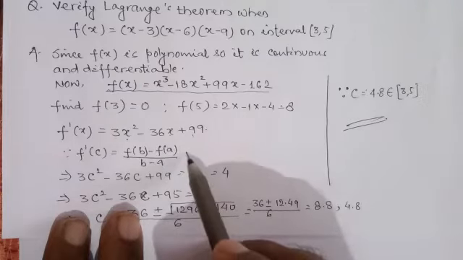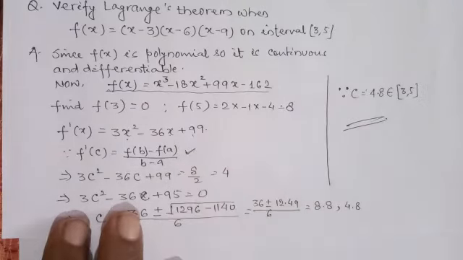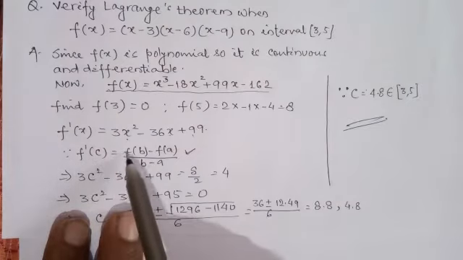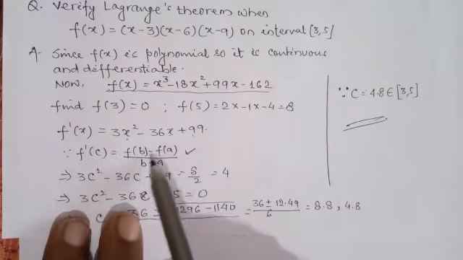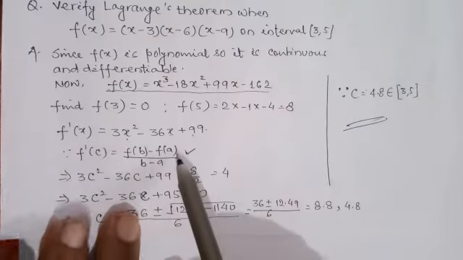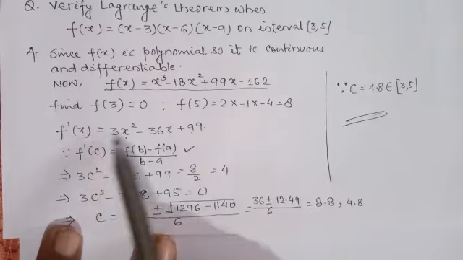Now apply the condition for Lagrange's theorem, that is f dash c is equal to f(b) minus f(a) upon b minus a. Every value is already obtained.